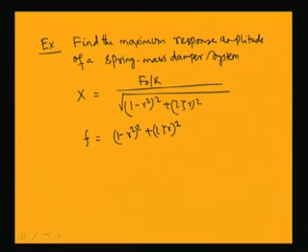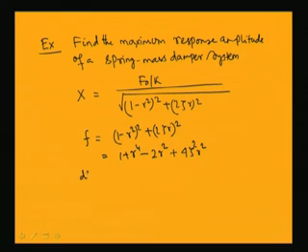To find this minimum value, I can differentiate df with respect to r and equate it to 0, and I will find the value of r. So, (1 minus r square) whole square I can write as 1 plus r fourth minus 2 r square, plus 4 zeta square r square.